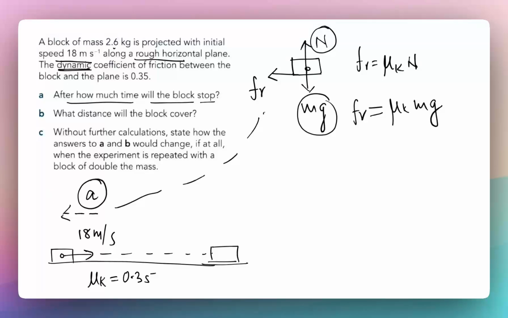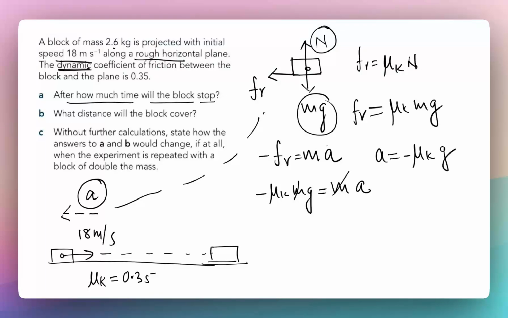We can find that using Newton's second law. So F_r is going to be towards the left, equal to m into a. So this is minus mu k mg equal to m into a, m and m cancel. So the deceleration a, with a negative sign, is minus mu k g.